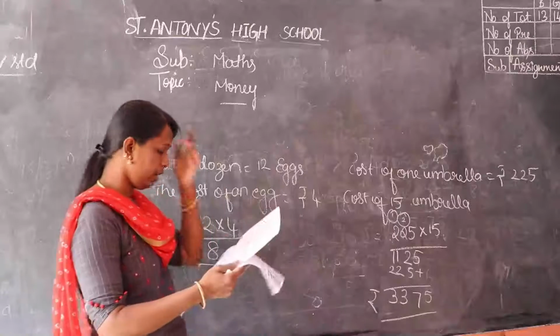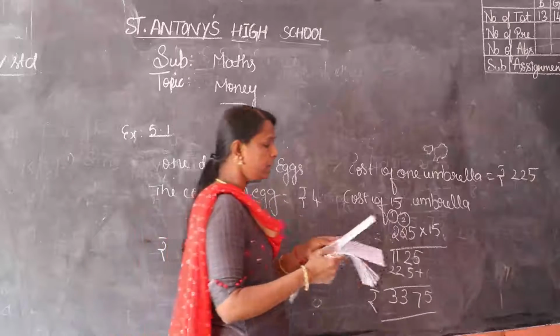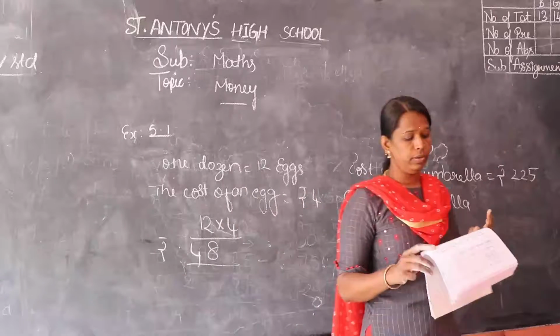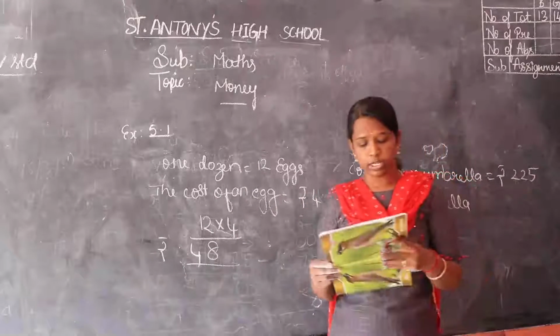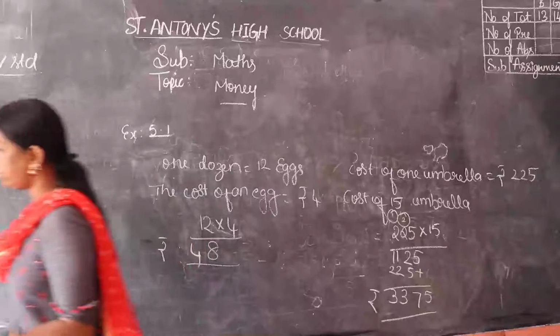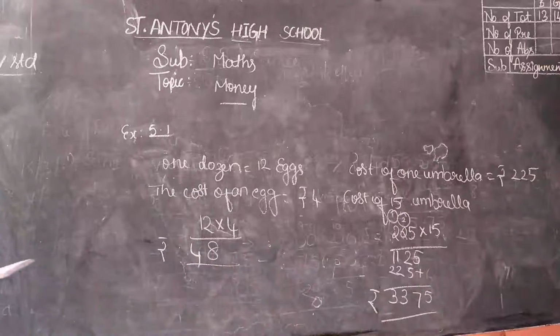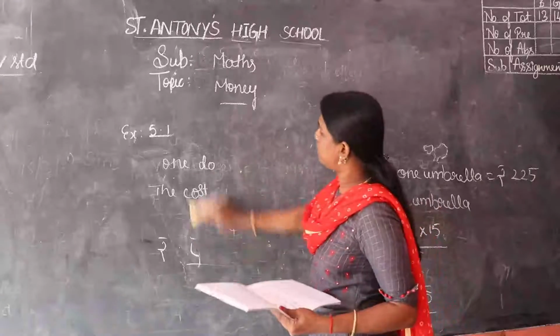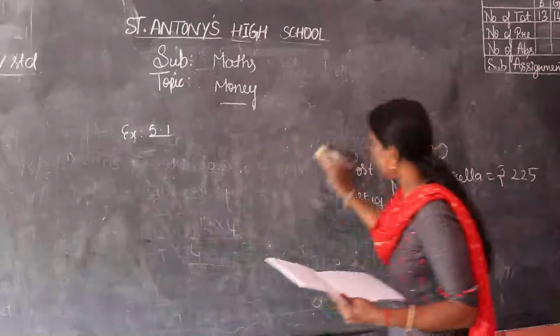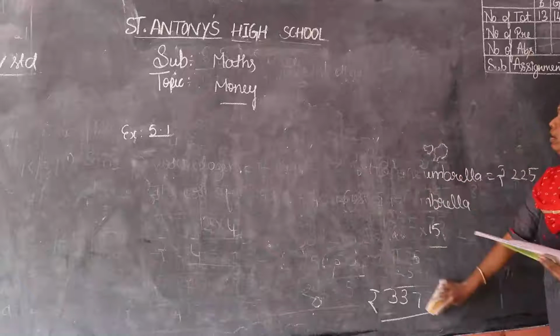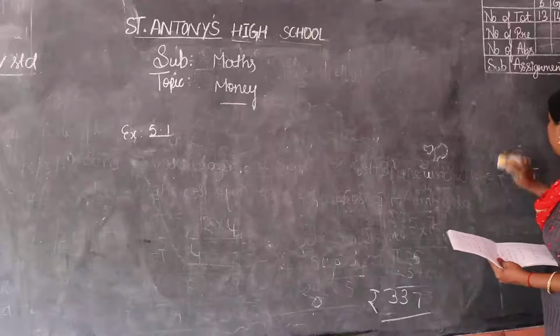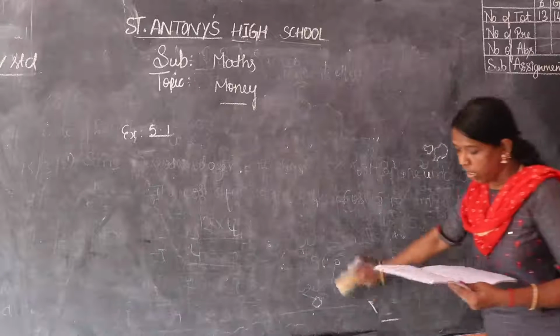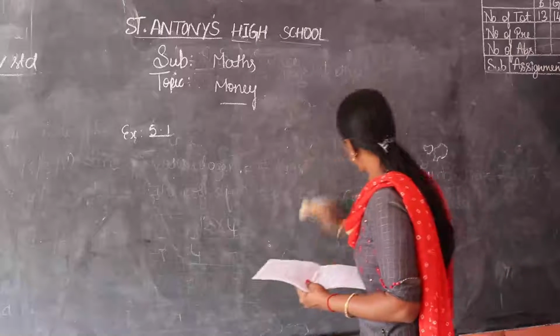Next, the government higher primary school sanctioned a scholarship amount of rupees 4,000 for 10 students. A government school has sanctioned rupees 4,000 for how many students? For 10 students. How much amount did each one get?